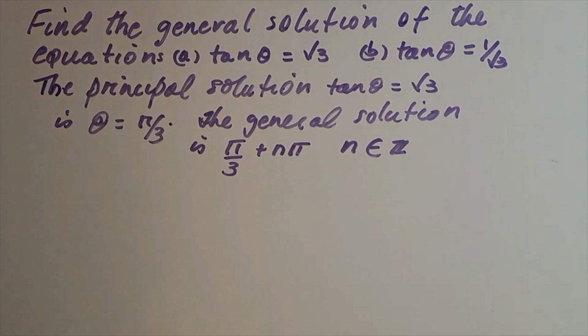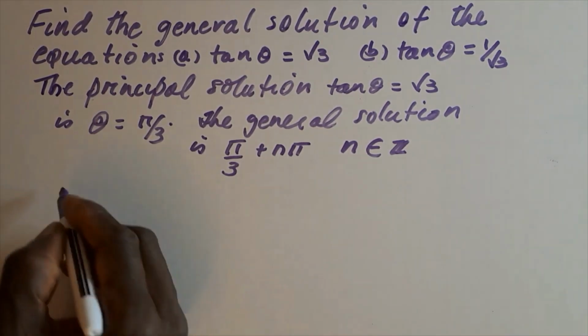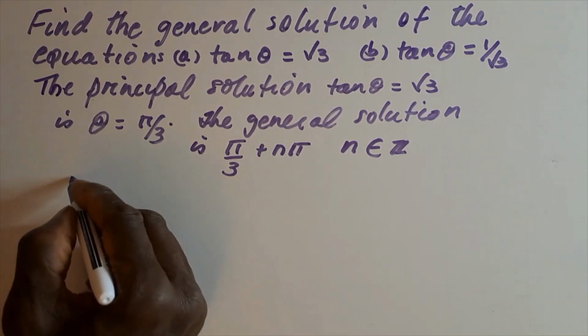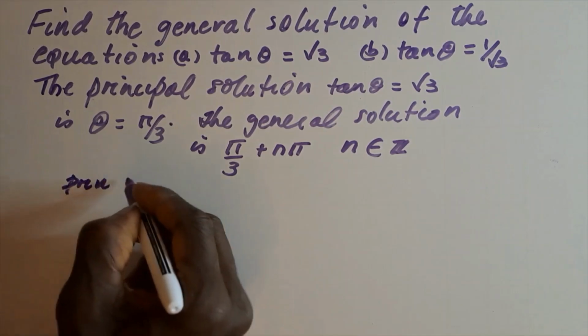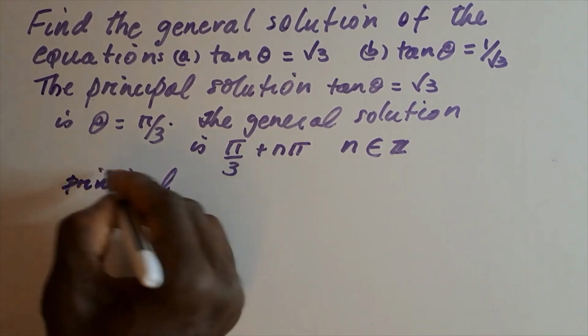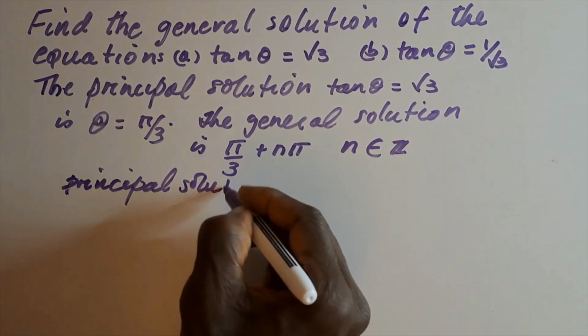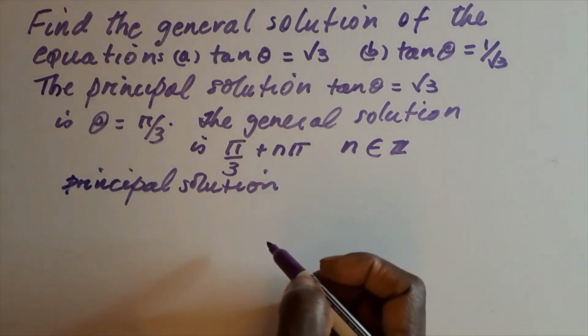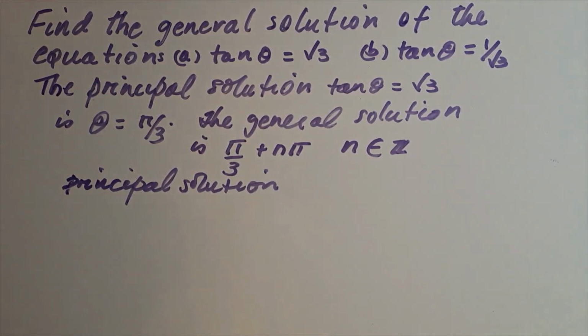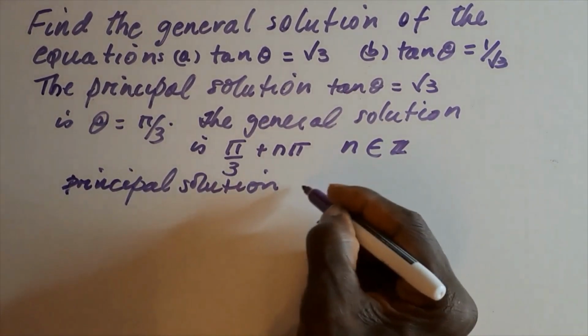Next we have tan theta is equal to 1 over root 3, or the reciprocal of root 3. The principal solution is again, sorry, not pi over 3, but pi over 6.